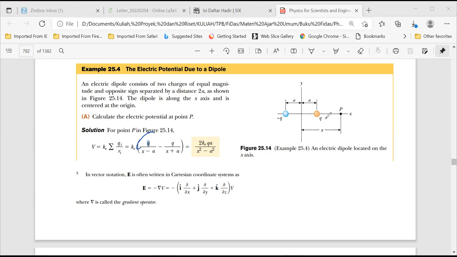This is Q1, and this is Q2, and this is R2 and this is R1. So we will get that this potential is equal to like this. So the solution.